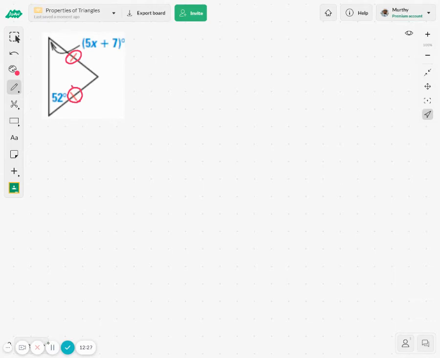The angles opposite to these sides are equal, right? So the base angles are equal. One of the base angles is 5x plus 7 degrees and the other one is 52 degrees. Friends, notice that these two angles are equal.